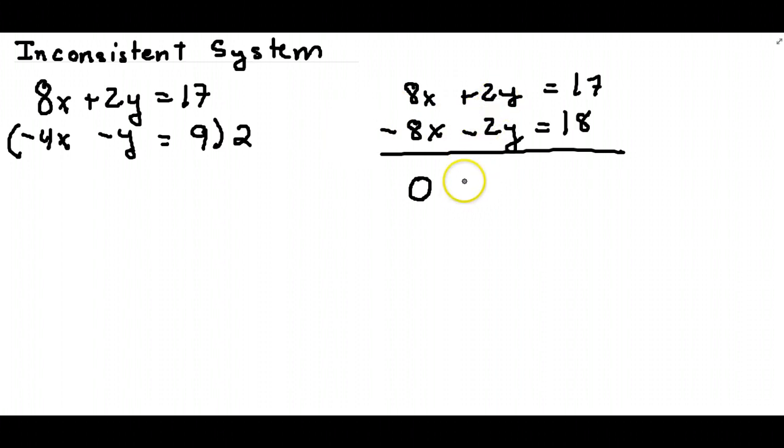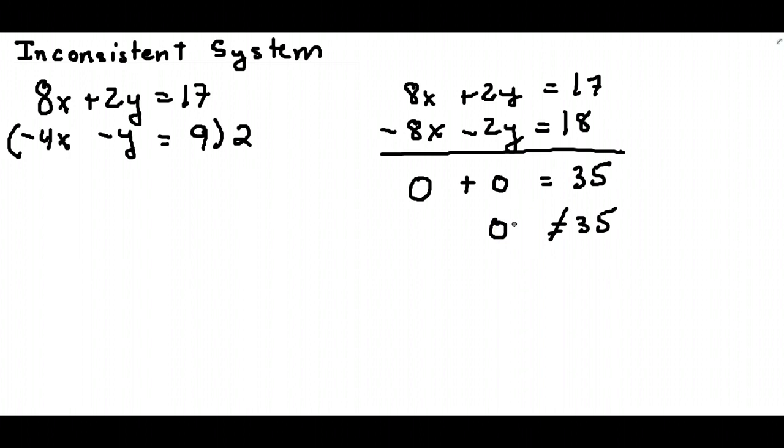That also equals 0. So now we have 0 plus 0 equals 17 plus 18, which would give us 35. So what we have now is 0 equals 35 because everything on the left side dropped out. And that is not a true statement. 0 is not equal to 35.